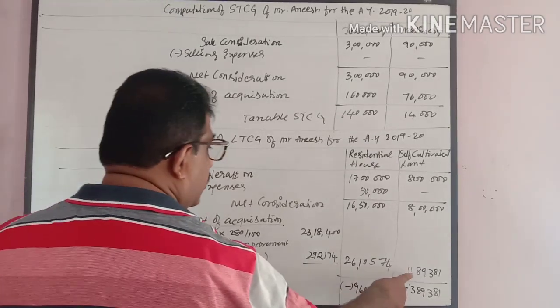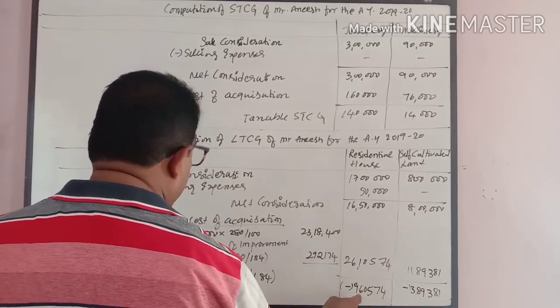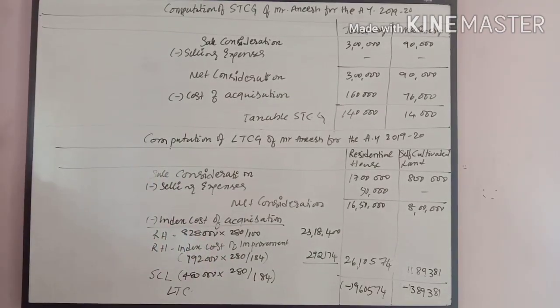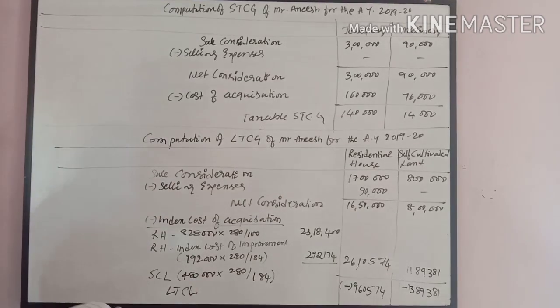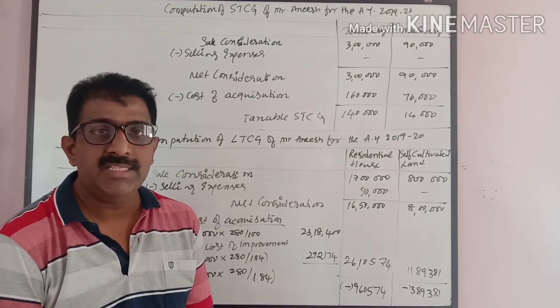The amount comes to 11 lakh 89,381. When you subtract, there is a loss here, long-term capital loss. It is called the long-term capital loss. And furniture, the household furniture does not come under capital gains at all.